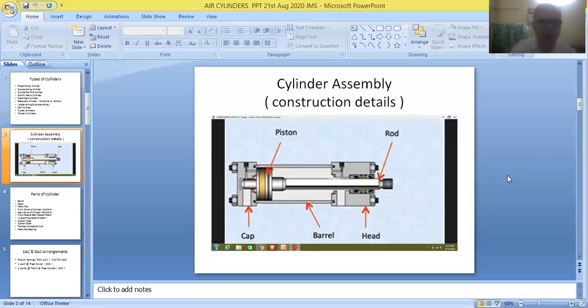And similarly, we can see two more elements. This is referred to as a cushion nose, and this is referred to as a cushion collar of the cylinder. Naturally, the piston will be moving, starting at this point, and it will be reaching this point. This is called IDC of the cylinder. This is called ODC of the cylinder.